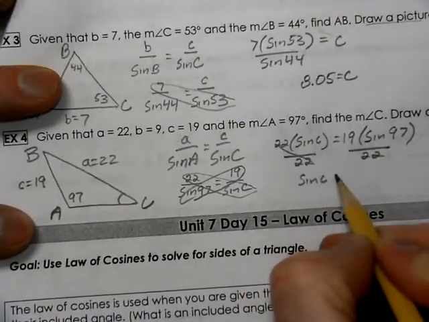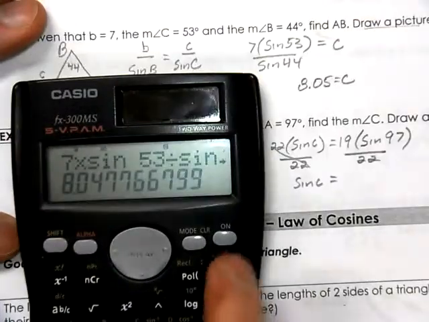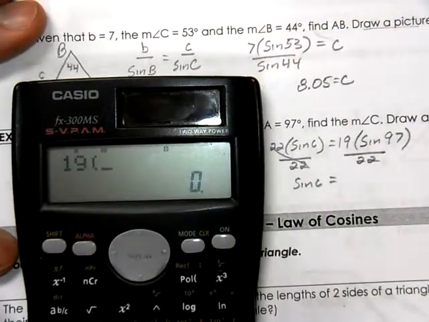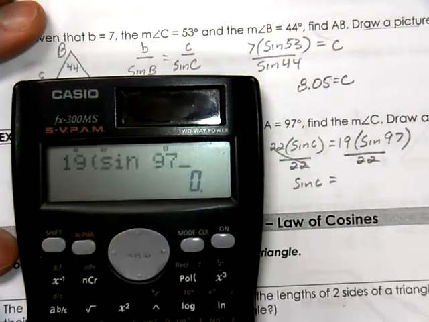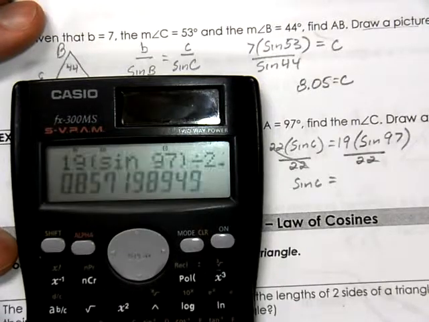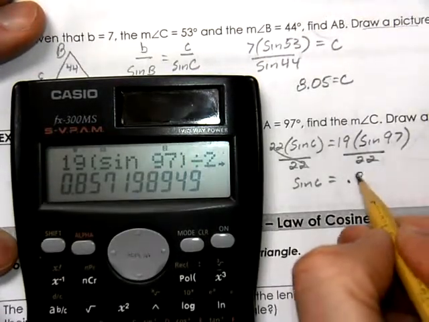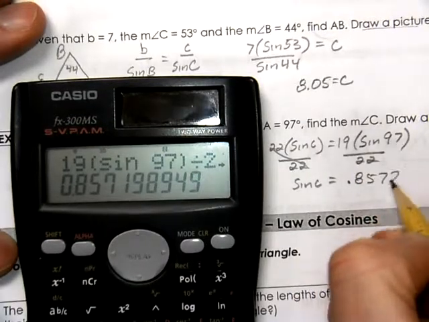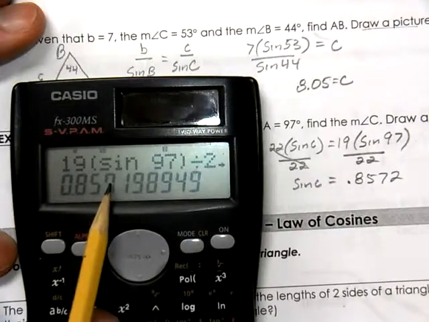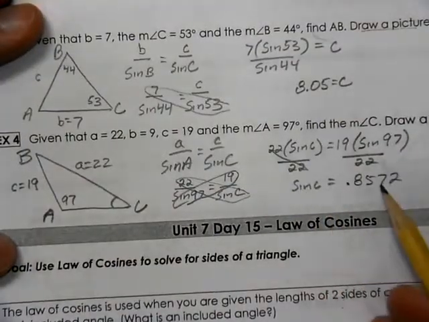So the sine of C is supposed to be 19 times the sine of 97 divided by 22. So we get that to be 0.8572. Because this is 719, we're going to round that to become 72. That's the sine of C.